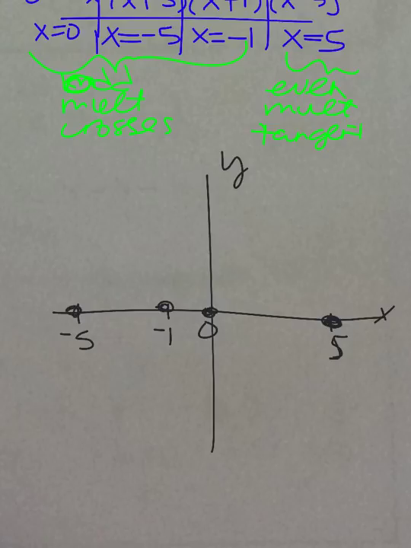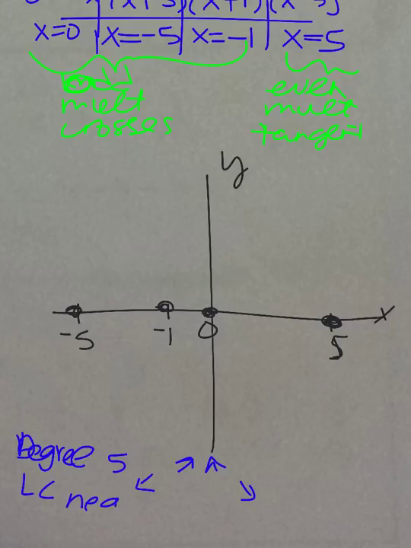It's an odd multiplicity. So you need your leading coefficient, and first the degree. The degree is 5. That means it goes in opposite directions: either up, down, or down, up. The leading coefficient is negative, so it's like a negative slope, like this one here.